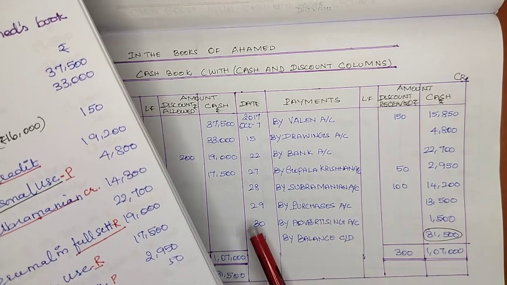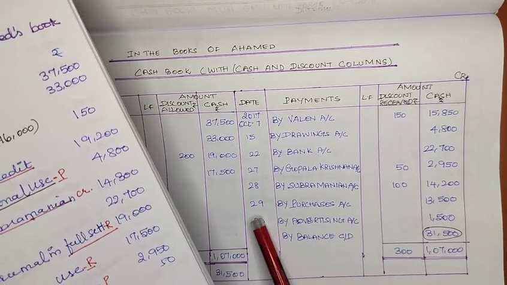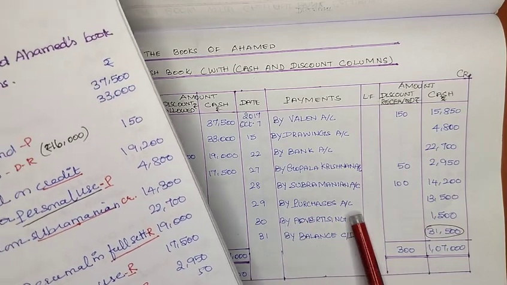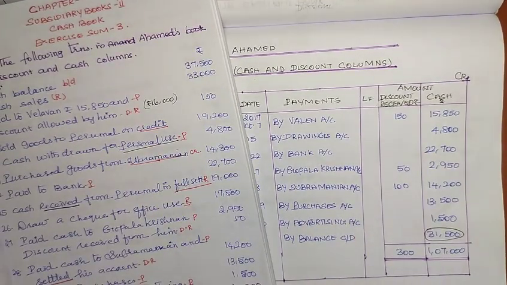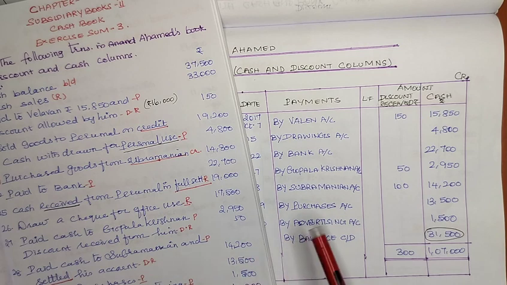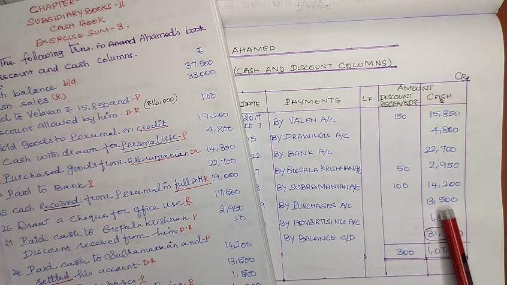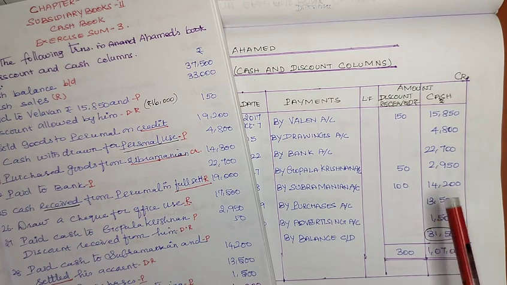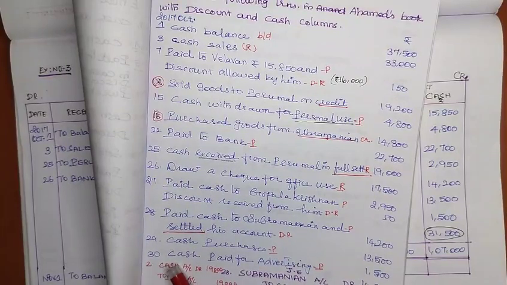So you go to the credit side, dated on 29, by purchases account. For what does your cash account decrease? For purchases only. So you have to write by purchases account. Amount rupees 13,500 is entered into the cash column. We entered. Then the next transaction is October 30.